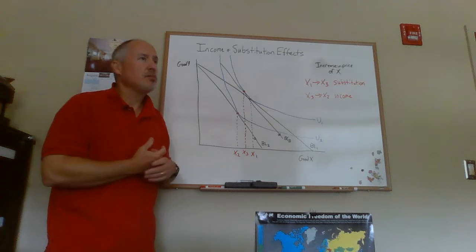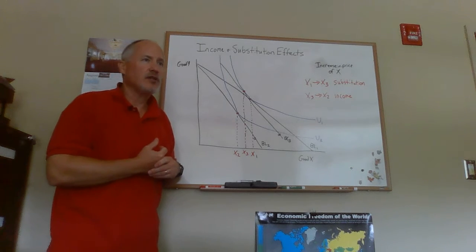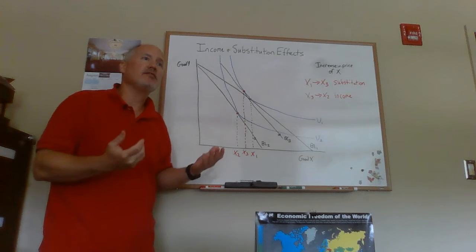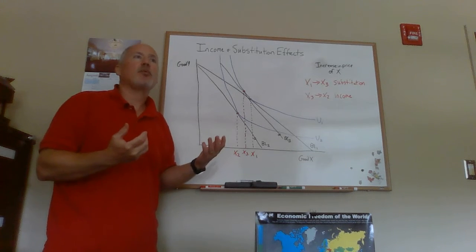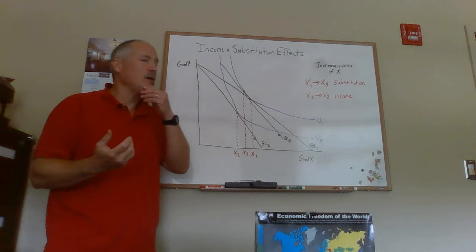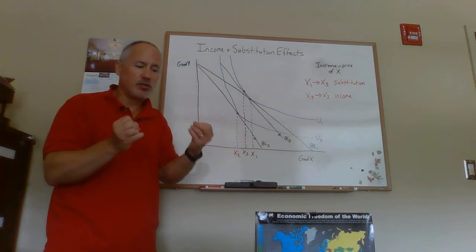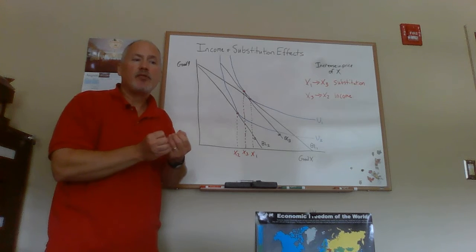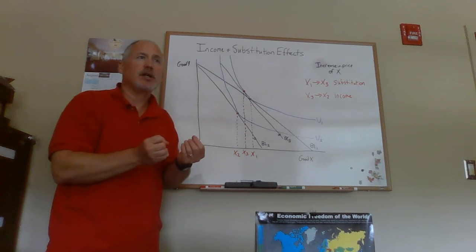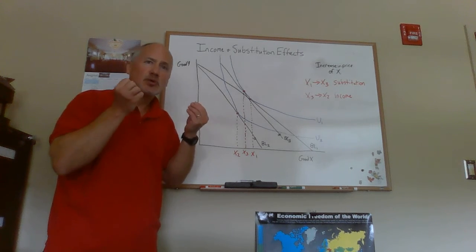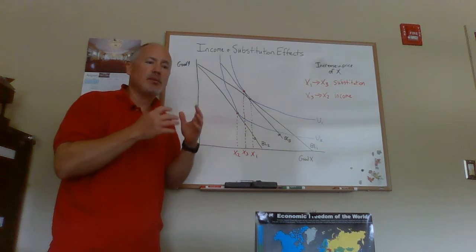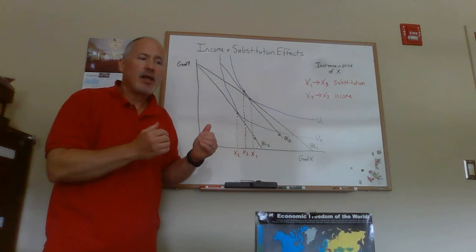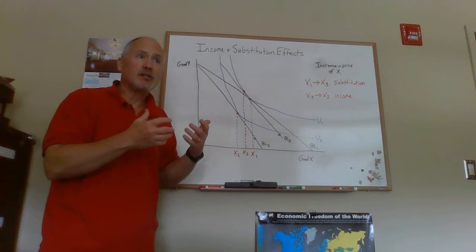And then in the book, they talk about what's known as a Giffen good. A Giffen good would be the case where, suppose you had an inferior good and you ended up with a really big income effect. Since the substitution and income effects move in opposite directions, if you had an inferior good with a really, really strong income effect, it's conceivable, it's possible.